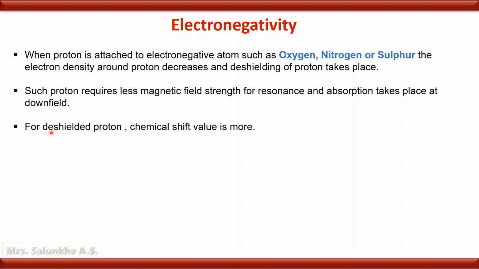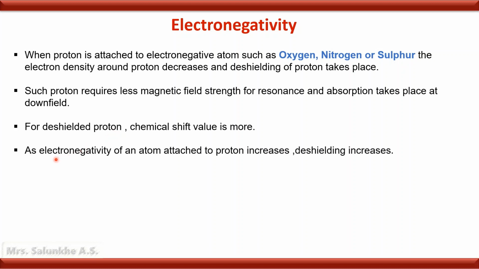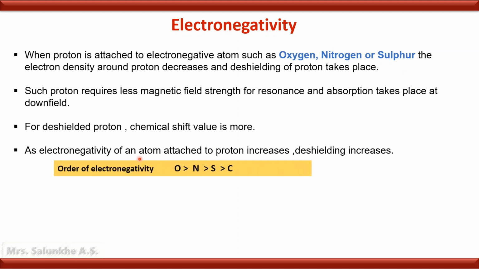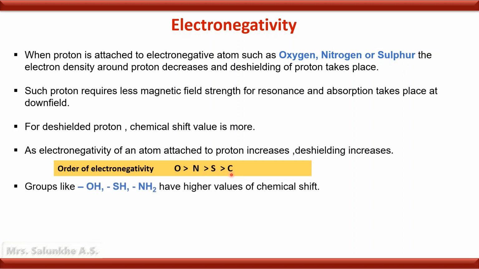We know that for a de-shielded proton, chemical shift values are more, and as the electronegativity of the atom attached to the proton increases, de-shielding increases. The order of electronegativity is oxygen is more electronegative than nitrogen, which is more electronegative than sulfur, which is more electronegative than carbon.